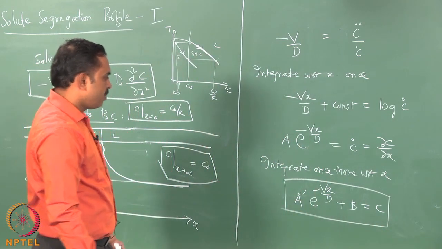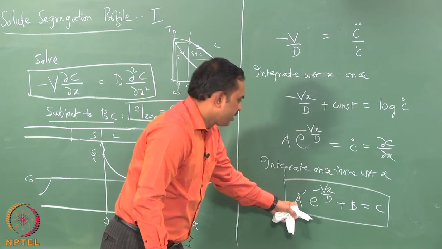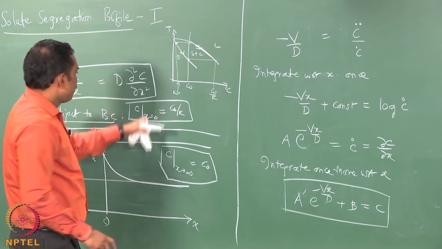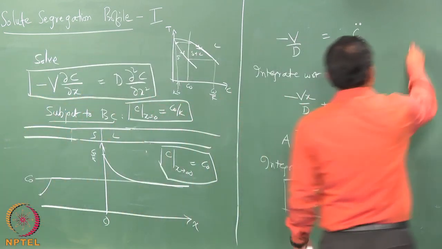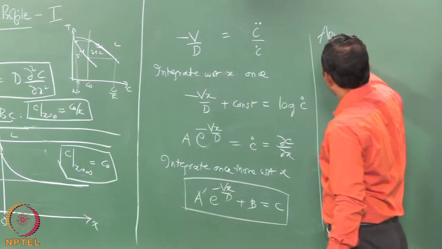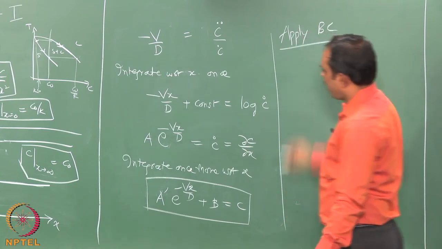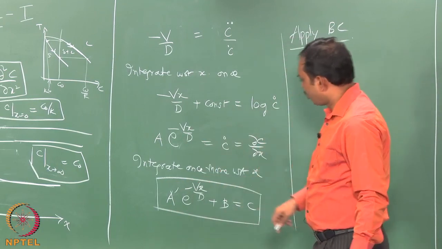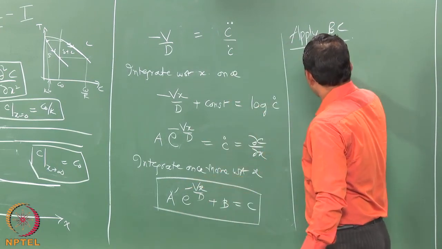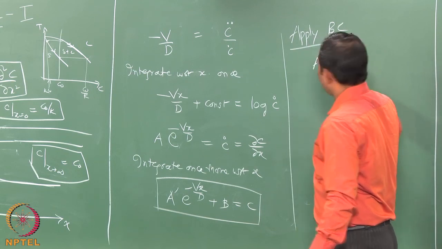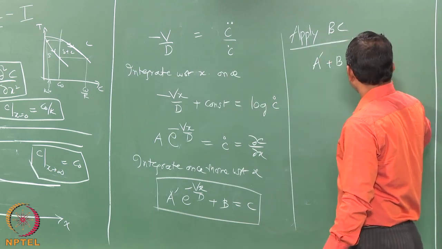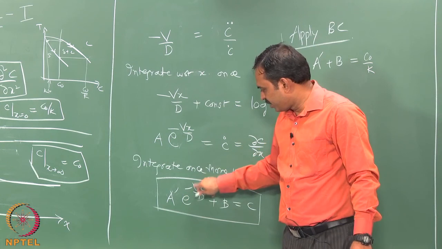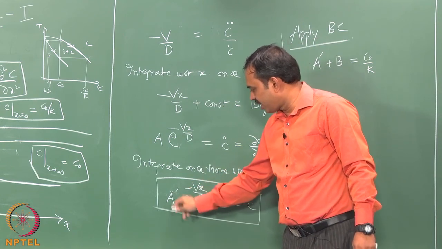It looks like the composition of the liquid is going to be b plus a multiplication factor a prime into e raised to the power of minus v x by d. Now, we can subject that to the two boundary conditions. You can apply the boundary conditions, and when you apply the boundary condition at x is equal to 0, you would see that this one would then go to unity, which means that a prime plus b is equal to c naught by k, and when you apply the second boundary condition, x tends to infinity, this tends to infinity, and with the minus sign it goes to the denominator and therefore, it goes to 0.